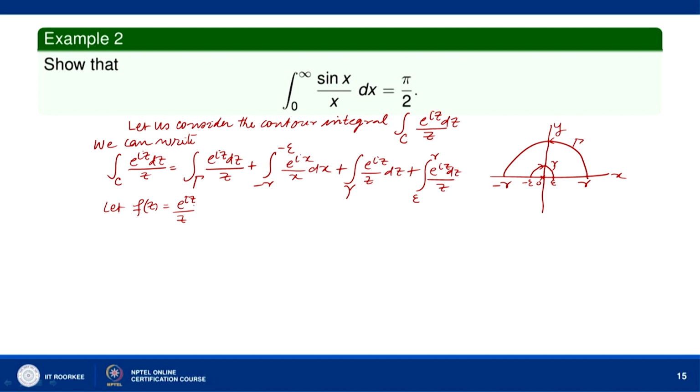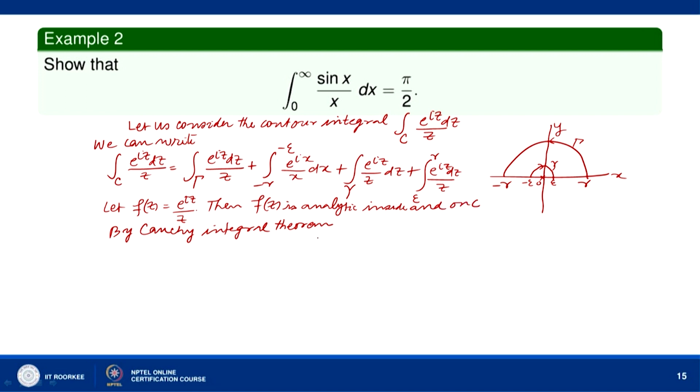So, e to the power i z over z does not have any singularity in the contour C. If you assume f(z) to be e to the power i z over z, then f(z) is analytic inside and on C. So, by Cauchy integral theorem, the integral over C of e to the power i z over z dz is equal to 0.